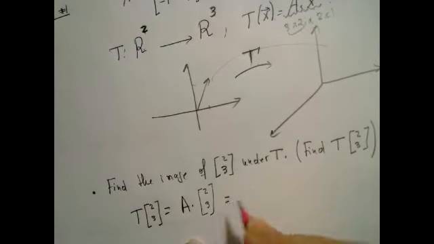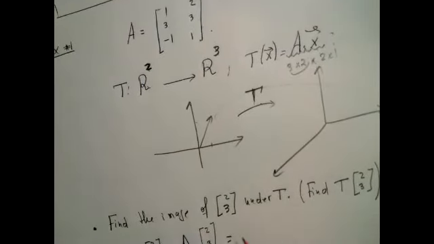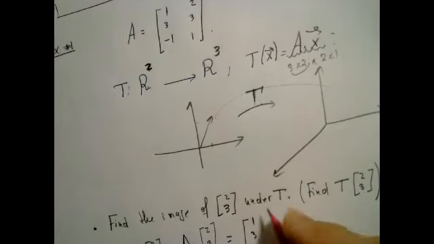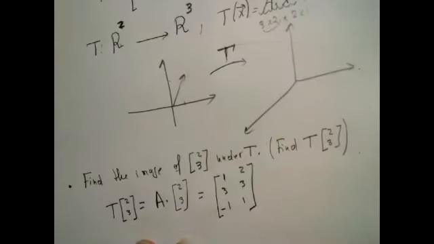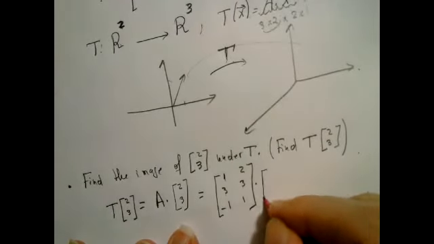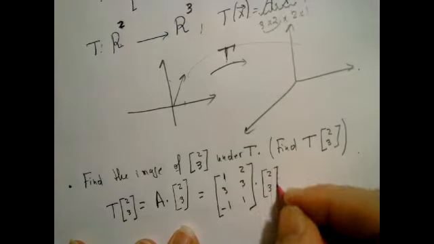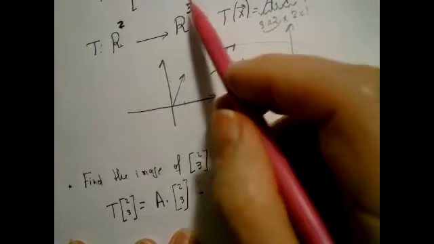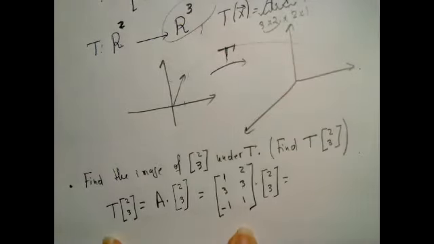Now my matrix A, I gave it to you. So we're going to write it down: 1, 3, minus 1, 2, 3, 1. This is my matrix A times the vector 2, 3. And I should get a vector in R3, because the product will give me a vector in R3.